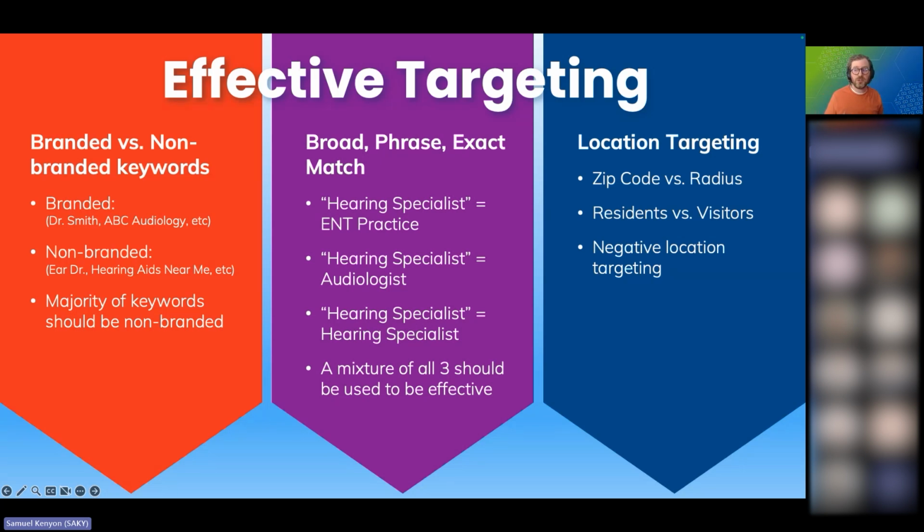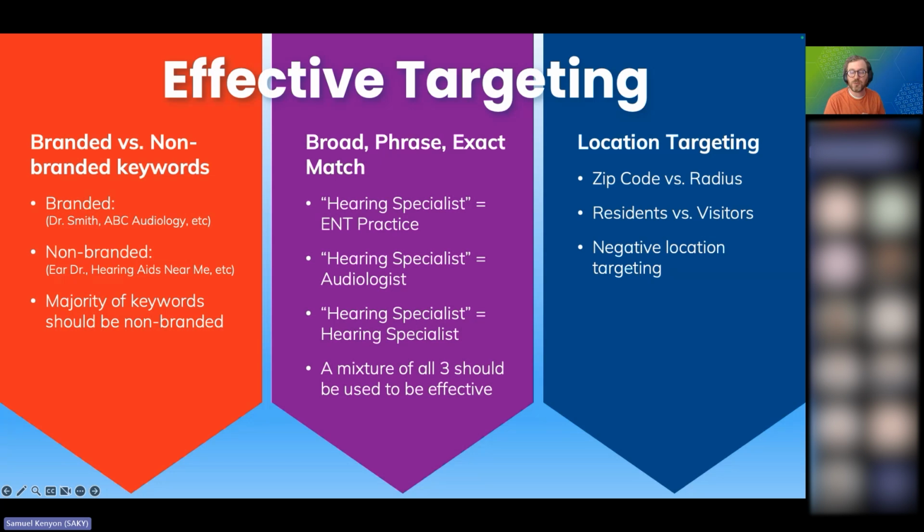And the important thing with doing this is too, we can then look at the data and say, hey, you're getting this many clicks from this zip code that are converting, and you're getting this many clicks from a zip code that aren't converting, and it's just spending a lot of your money. So maybe we stop targeting that zip code. The next thing we want to consider is who are we targeting?